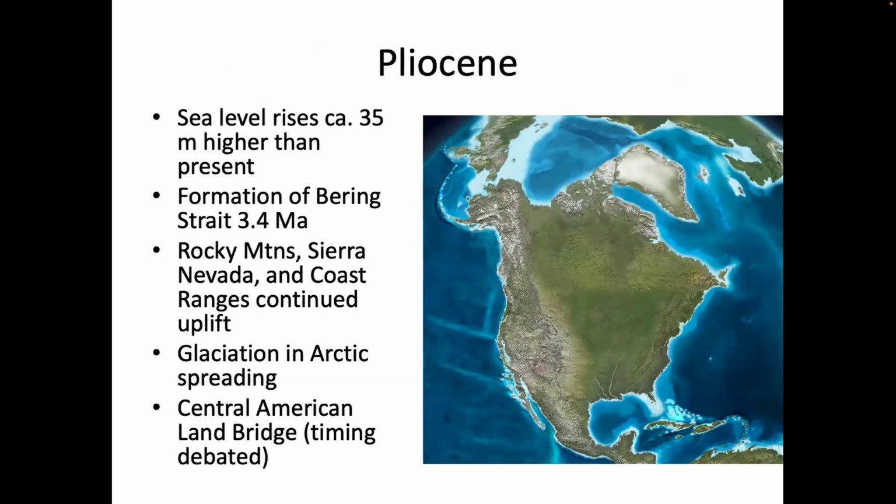Seas were then about 35 meters higher than they are today. So take a look at most of Florida, for example. Look how high the sea level is. Parts of central Florida around Orlando, the area just north of Lake Okeechobee, kind of exist as this upland peninsula, right? But a lot of South Florida and both coasts of Florida are underwater.